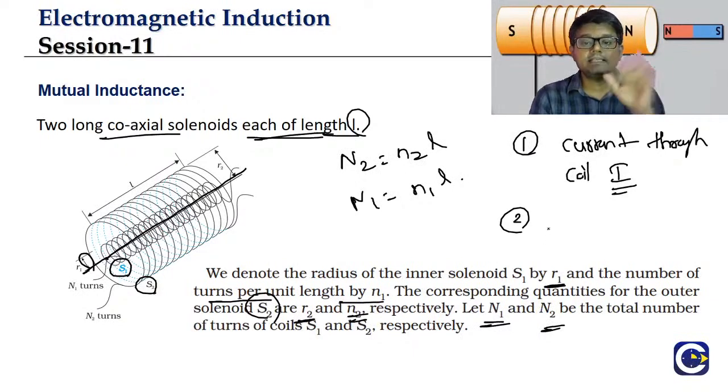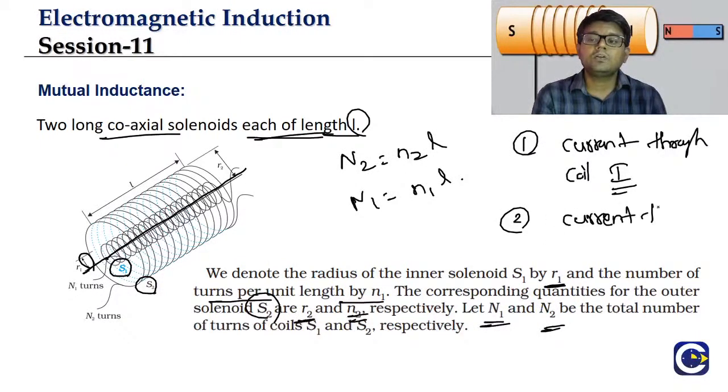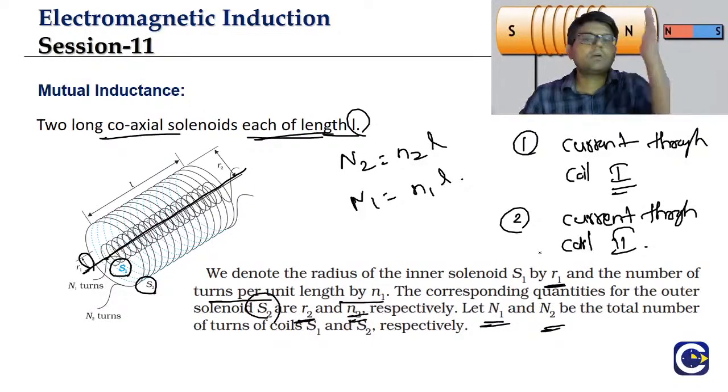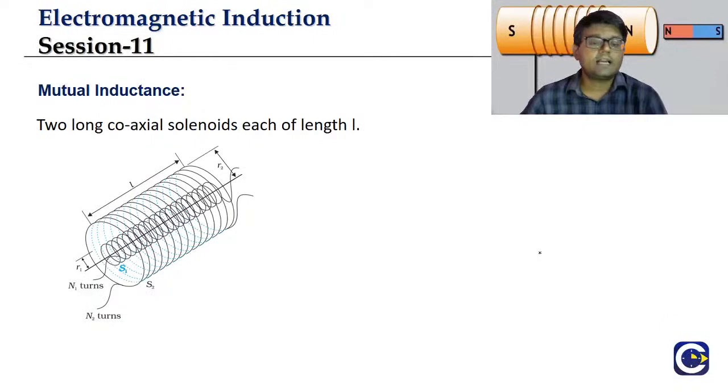Second case: we will pass current through coil 2. Remember, coil 2 is the outer one and coil 1 is the inner one. We look at both these cases and see how we can look at the mutual inductance. So let us start with the first case.